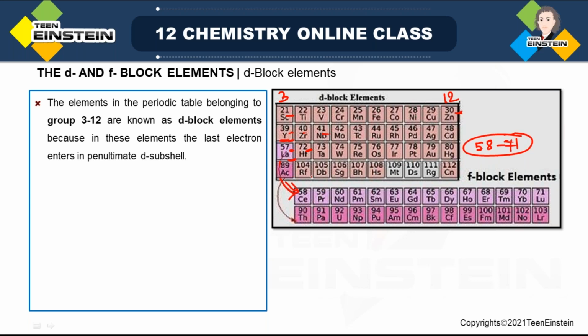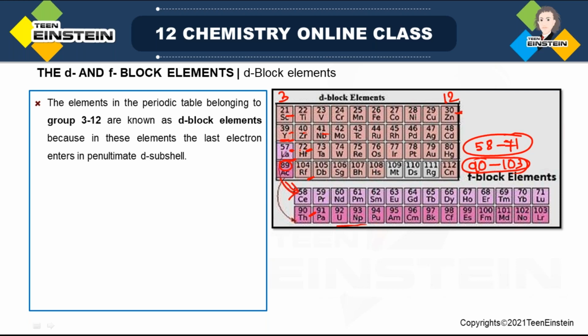Similarly, after Ac, which is atomic number 89, the next element is 104, which is rutherfordium. But in between actinium and rutherfordium, there are atomic numbers from 90 up to 103. So all these elements are represented just below the d block elements. Okay.